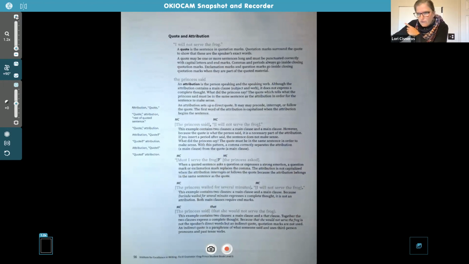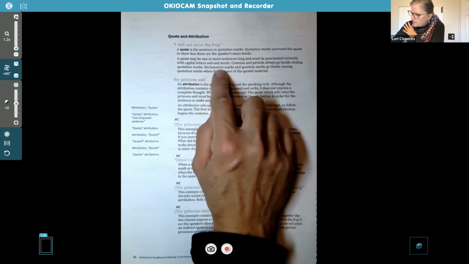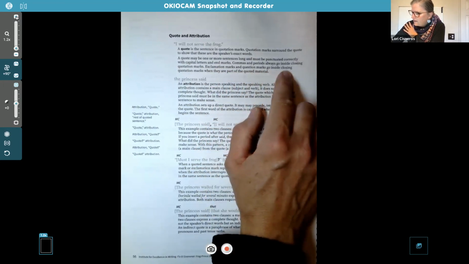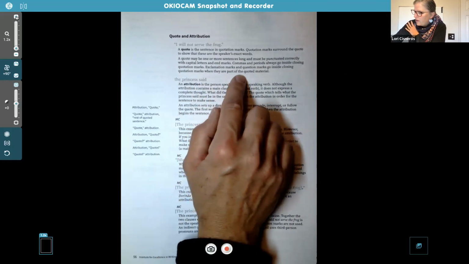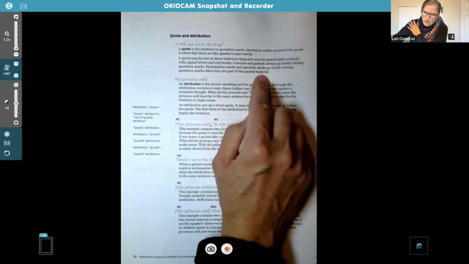Before the quote or after the quote? So it always goes before the end quote. Exclamation marks and question marks go inside closing quotation marks when they are part of the quoted material. So if the person is asking a question, then the question mark goes inside the quotation marks. It's pretty easy to remember that part.